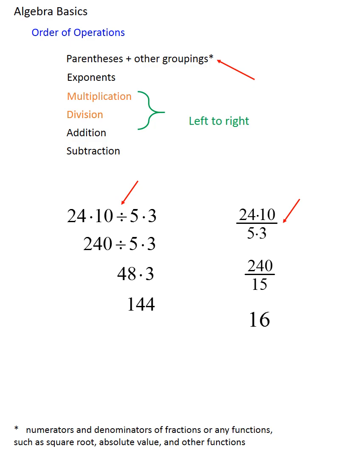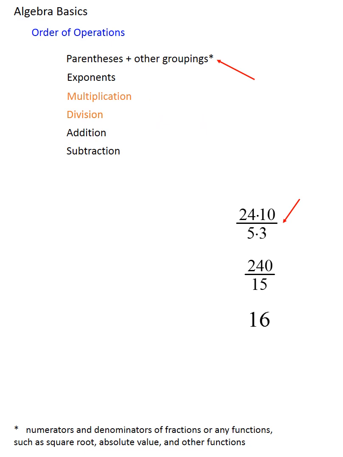But let's focus back on the left. See the division on the problem on the left? That is not a division symbol that we use in algebra courses or higher. It's extremely rare. It's really reserved more for elementary and middle school mathematics. So because we don't use that division symbol, then the whole notion of left to right between multiplication and division doesn't matter to us.